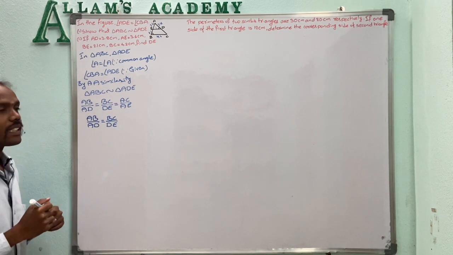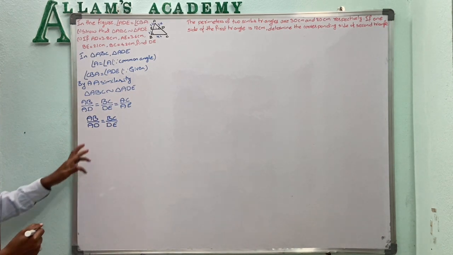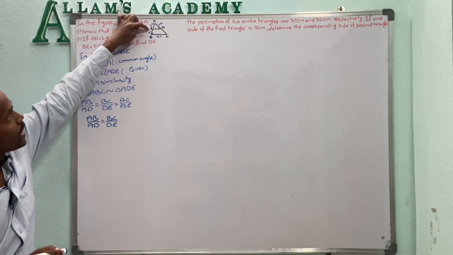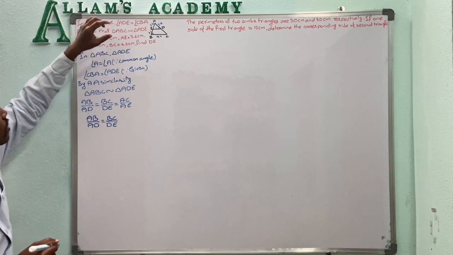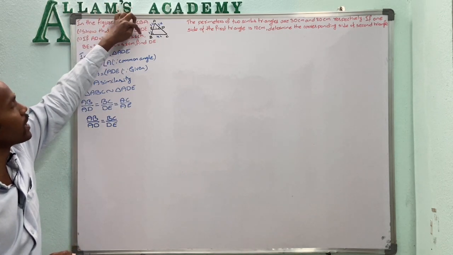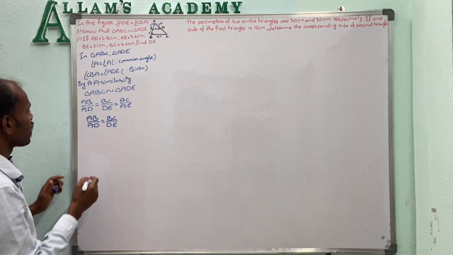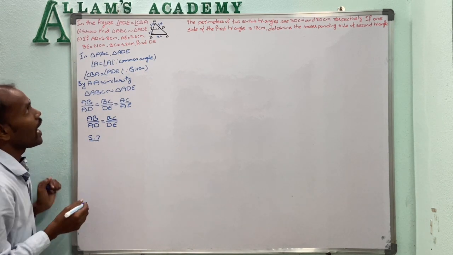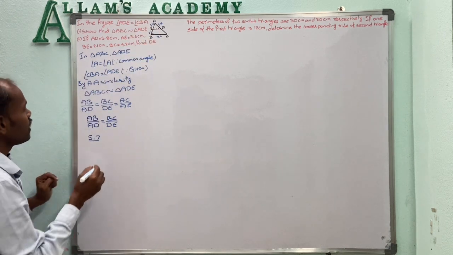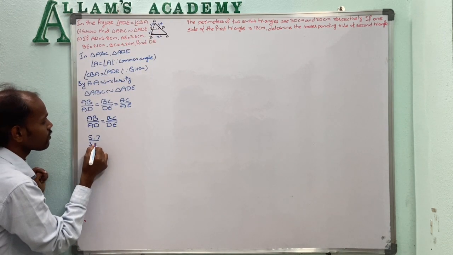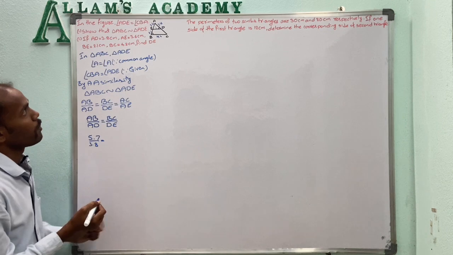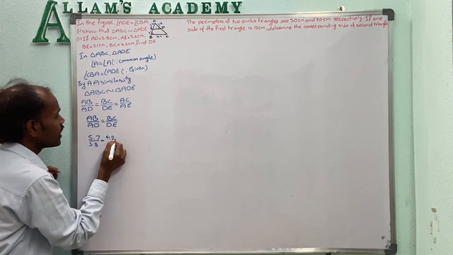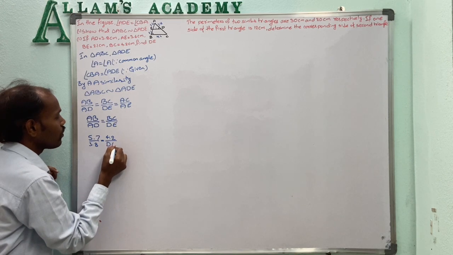Now AB is AE plus EB, that is 3.6 plus 2.1, which is 5.7. So AB length is 5.7 and AD length is 3.8. Next BC length is 4.2. DE length only we want to find.